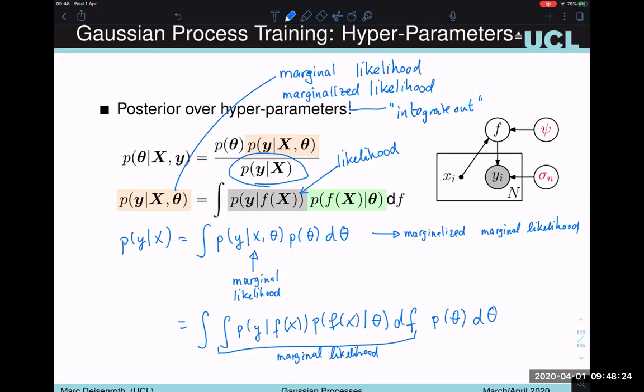Same thing, just a different word for this. But this marginalized marginal likelihood, this term here, is not called the evidence.